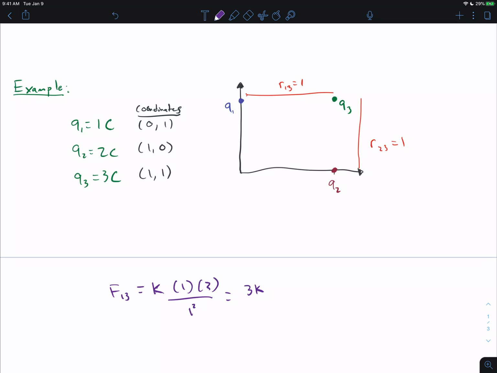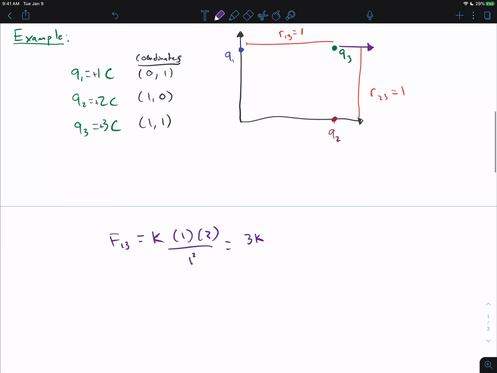I also forgot here, just to make this easy, all of these are positive, but remember that if I change one of them to negative, all this means is that one of them is pulling instead of pushing. But for now, I just want to keep this all as pushing forces. So this pushing force, 3K, is Q1 trying to push Q3 away with some magnitude of 3K.